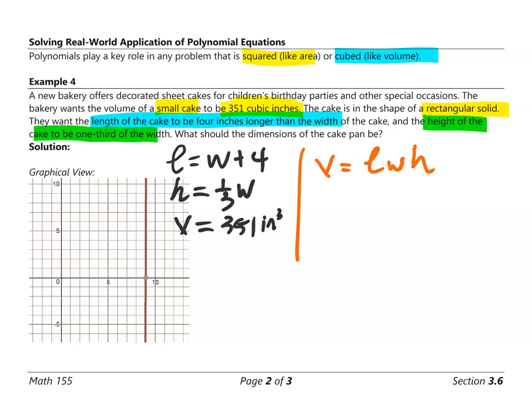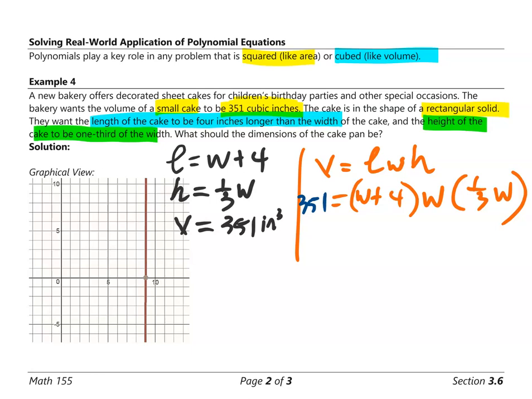And we can use this, we can solve the volume in terms of the width, since we know that the length is W plus 4. This is the width, and height is 1/3 W, and we have a value of the volume, which is 351.